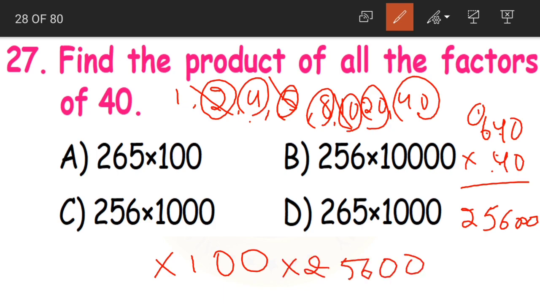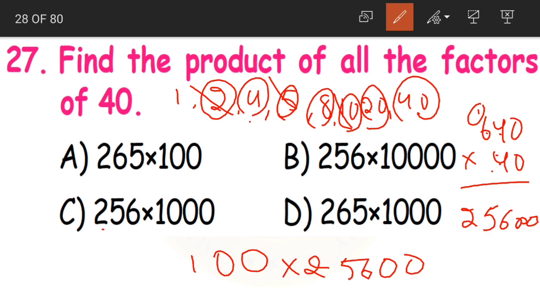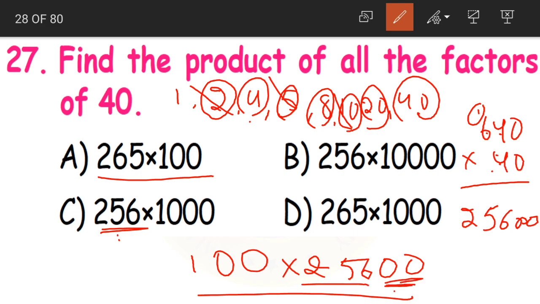25600 into 100. Yes. Now if you look at the options here, we are having 256 into 100. Is it correct? No. Here we are having 256 into 100. Yes, but here after 256 we are having 2 more zeros. So these 2 zeros if we write here, can we do that, children?